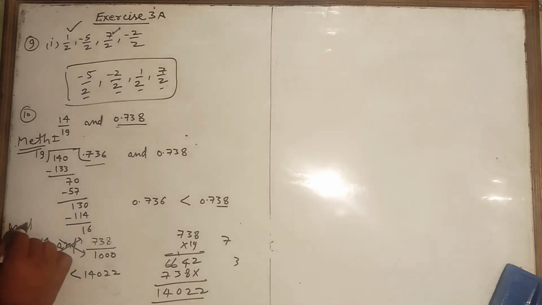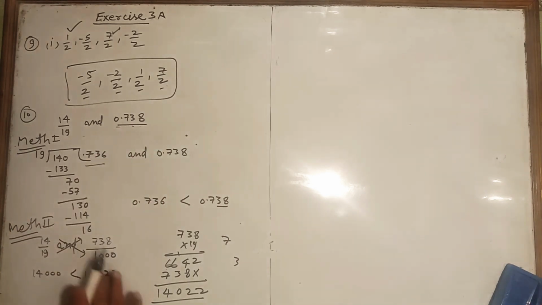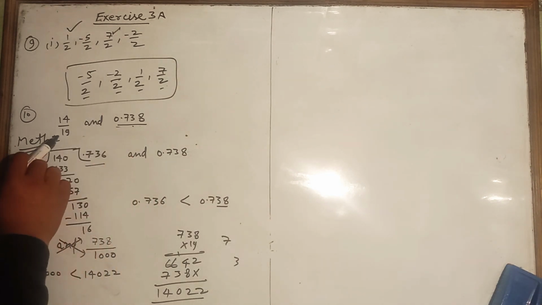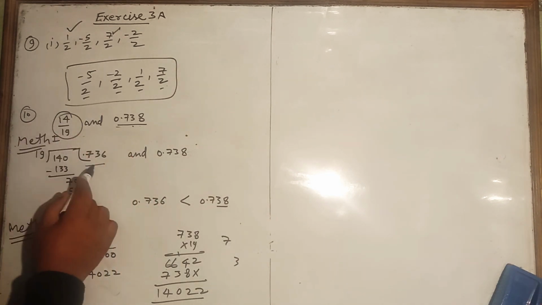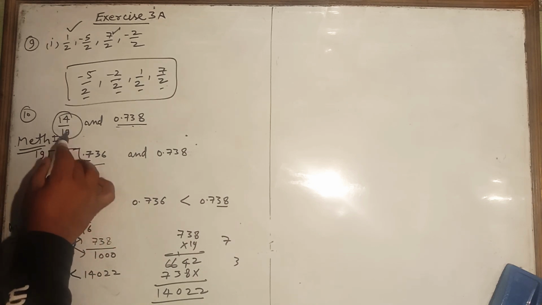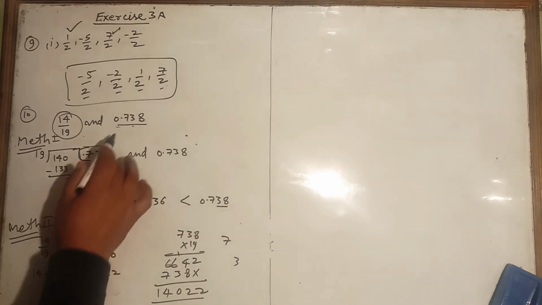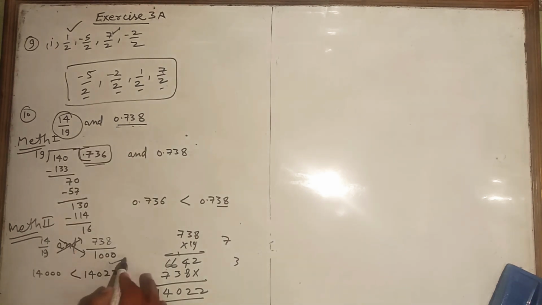The second method is making both the decimal numbers into fractions, and the first method is making the fraction into a decimal number. Means in the first method we made this fraction a decimal number, and in the second we made this decimal number a fraction, and with the help of cross multiplication we solved.